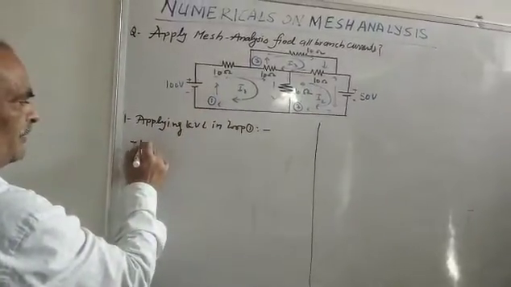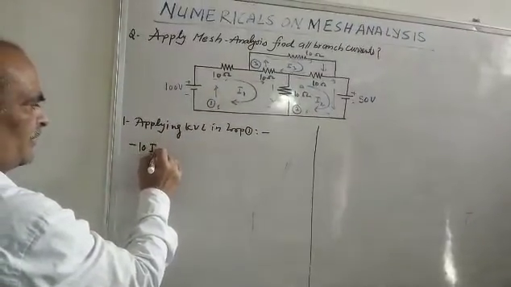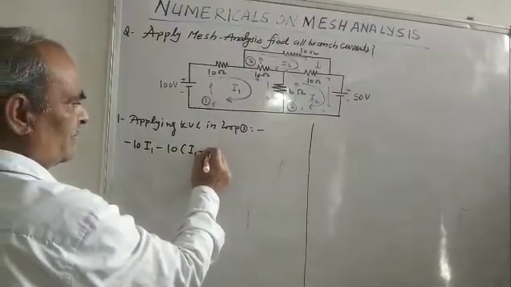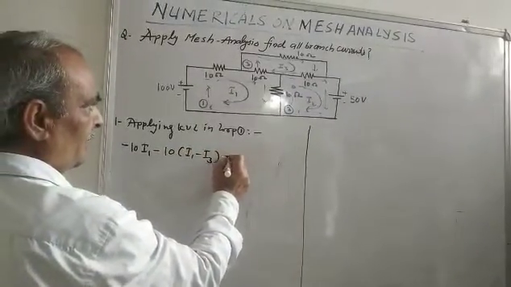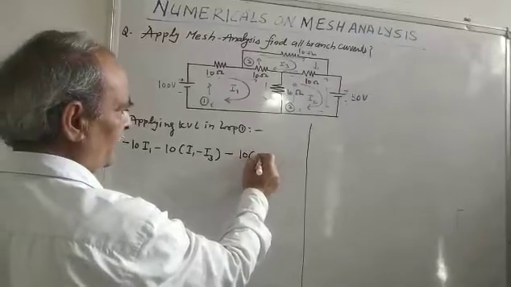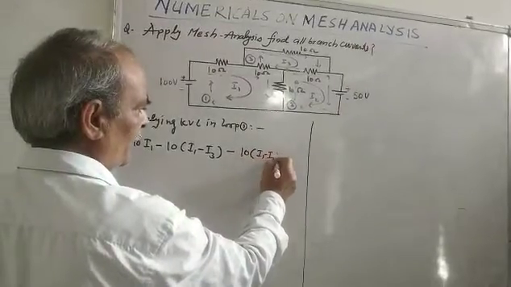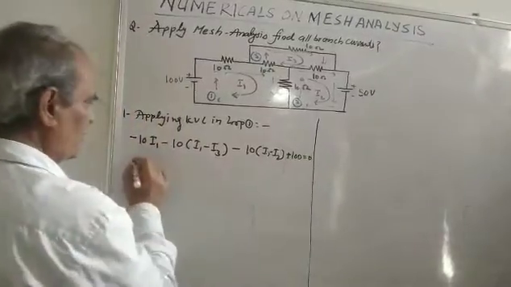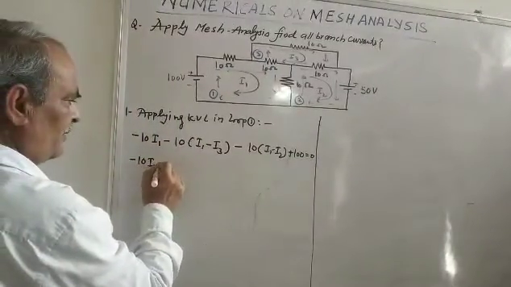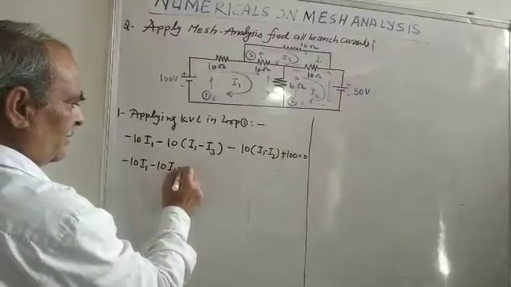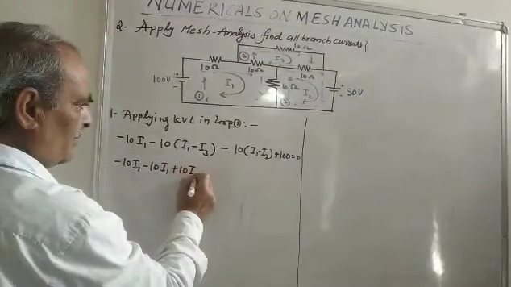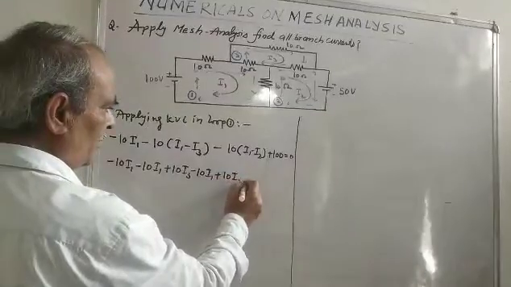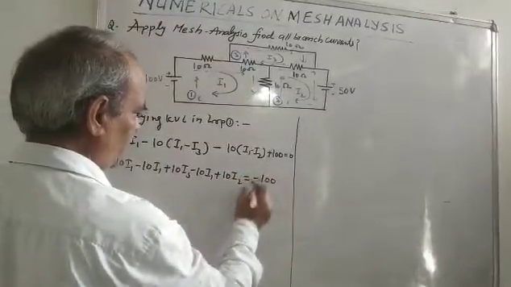So the voltage drop in the first 10 ohm is minus 10 I1. In the second 10 ohm, the current is I1 minus I3, into 10. In the third 10 ohm, the current is I1 minus I2, and the battery sign is plus 100, equal to 0. So this is equal to minus 10 I1 minus 10 I1 plus 10 I3 minus 10 I1 plus 10 I2 is equal to minus 100.